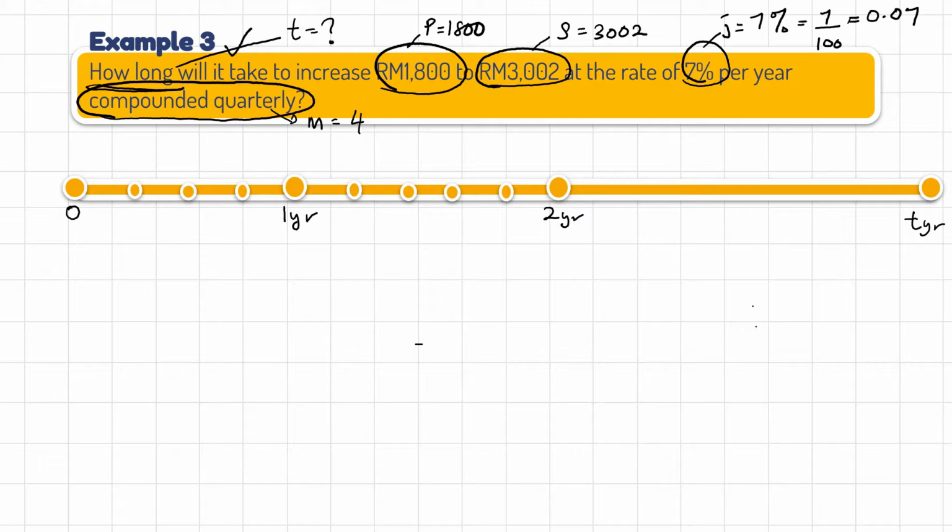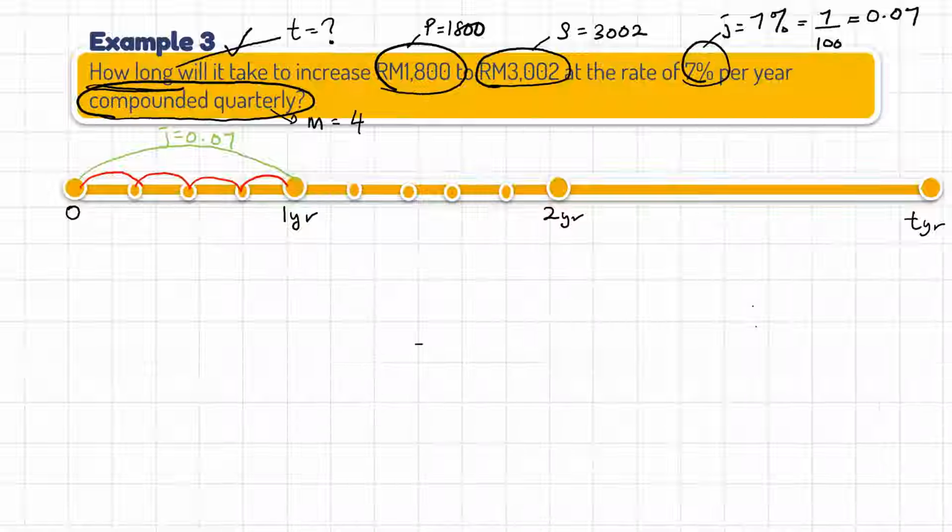Compounded quarterly means that the rate will work for us 4 times. Here we have the loop from 0 to 1 year, which portrays J equals 0.07. And then we have the loop for compounding quarterly: 1, 2, 3, 4. So there are 4 quarters in a year, which portrays M equals 4. It will be the same for the next year.